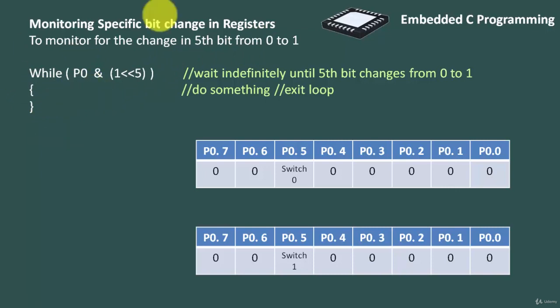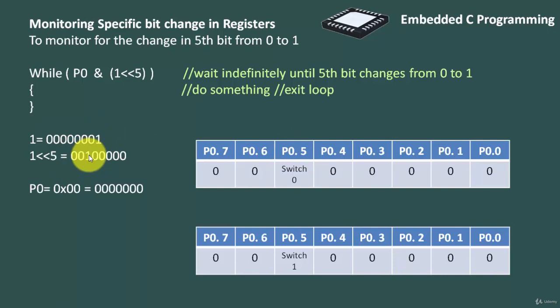Now the question is, why are we writing only such a condition here in the while loop? The reason is, we know how we can write 1 in binary, then 1 left shifted by 5 would become like this. So that means when this switch becomes 1. Let's consider initially the content of port 0 is 0, meaning the switch is not pressed.